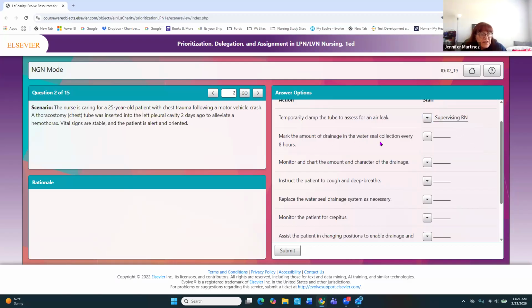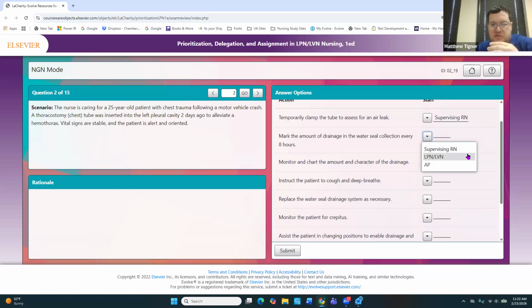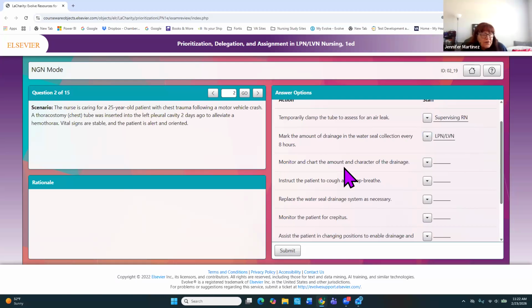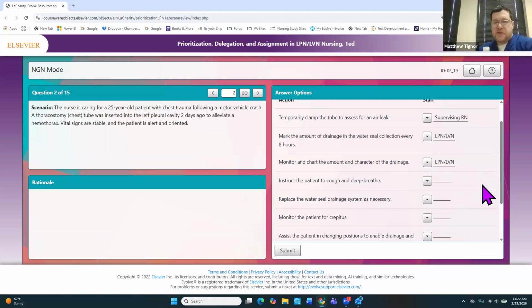Mark the amount of drainage in the water seal collection every 8 hours. LPN. Monitor and chart the amount and character of the drainage. LPN. All right. Instruct the patient to cough and deep breathe. UAP.